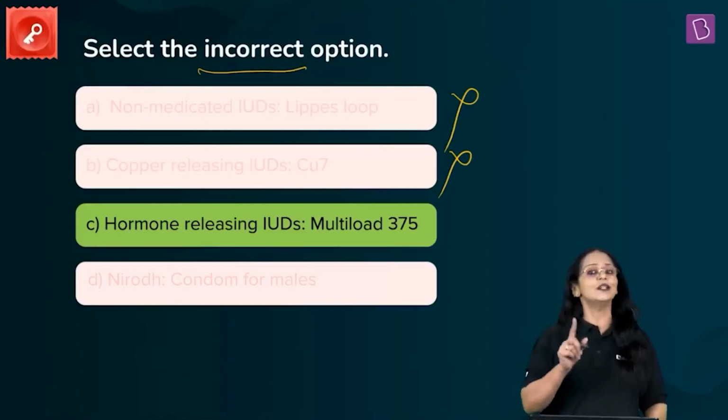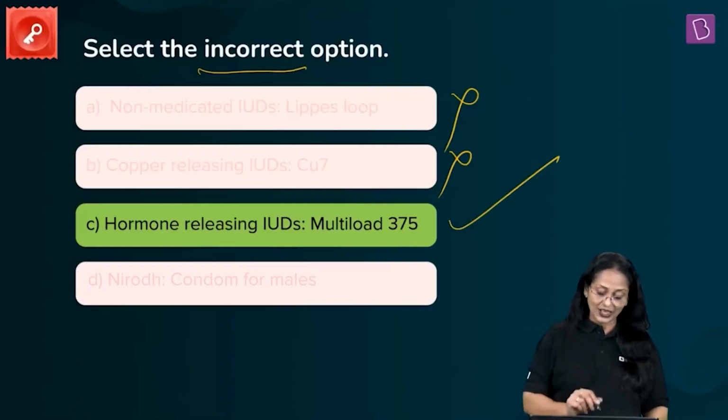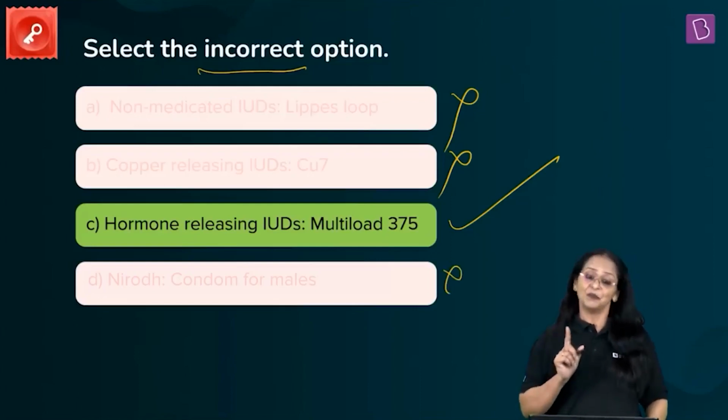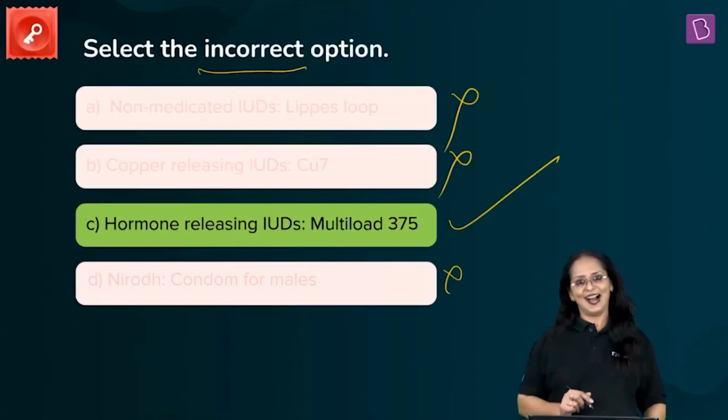No, this also is a copper-releasing IUD. So this is the incorrect option. That means this is our correct answer. And D also is correct because Nirod is a condom for males, but we score it out because that is not the correct option. For us, C is the incorrect option. So C is the answer. Okay, we eliminated A, B and D. C is the right answer.